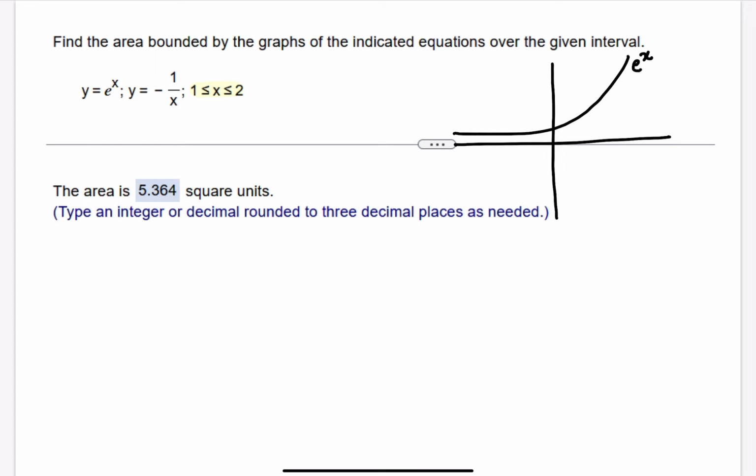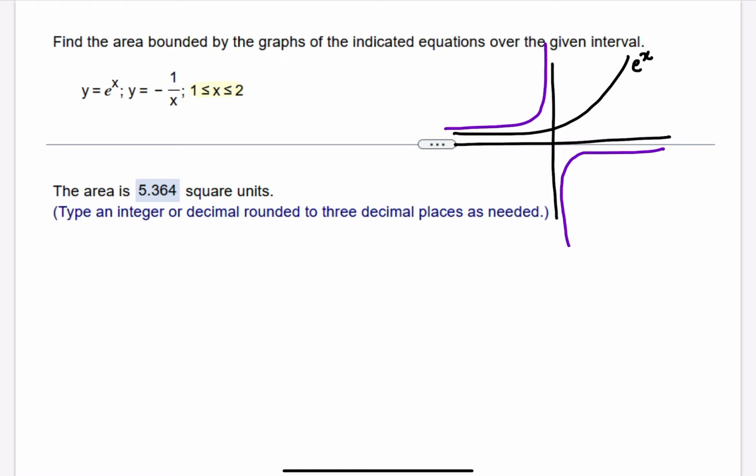The graph of negative 1 over x is going to be something like this. And let me use different colors. This is the graph of negative 1 over x.